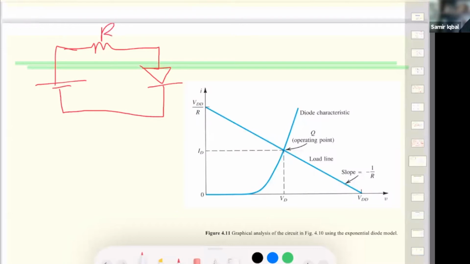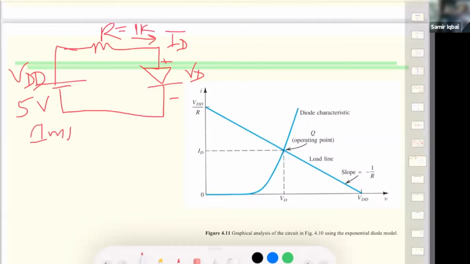The current is ID, the diode voltage is VD, and the power supply is VDD. The question says, with VDD 5 volts and R is 1 kilo ohm, and the diode has a current of 1 milliamp at 0.7 volt.